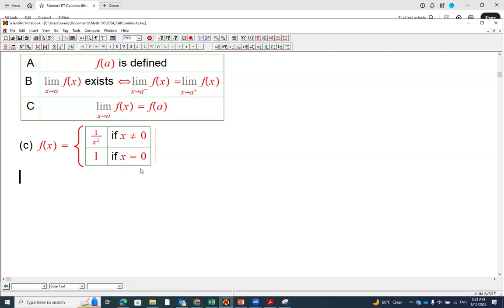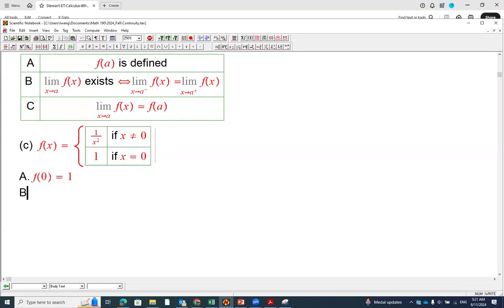Let's see what the limit of the function is at 0. The first condition is checked: f of 0 is defined. f of 0 is equal to 1, defined. Wonderful.